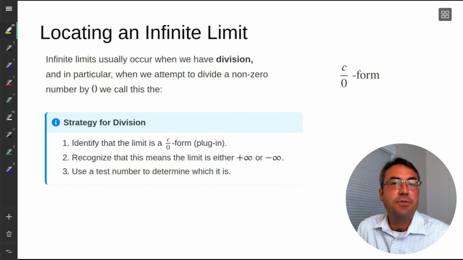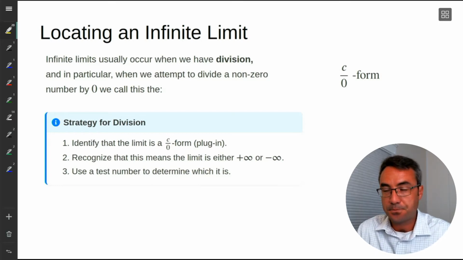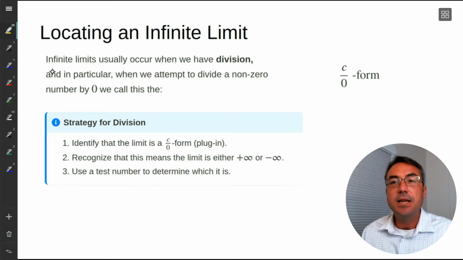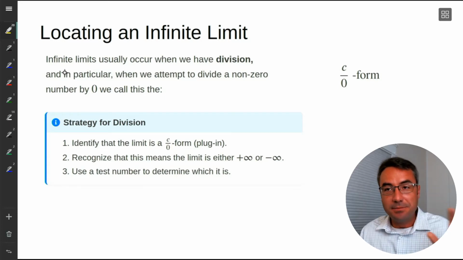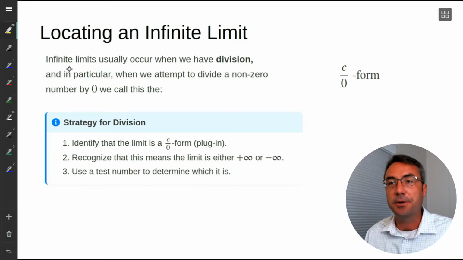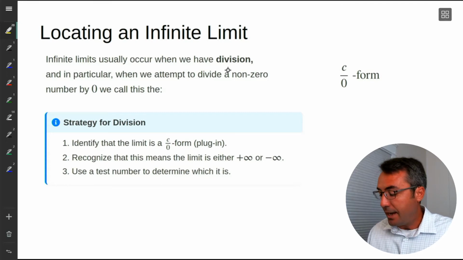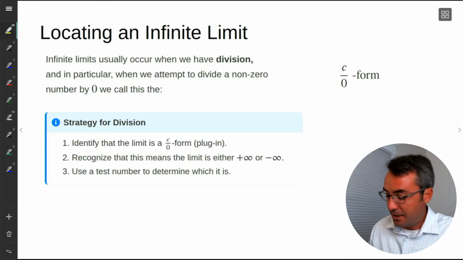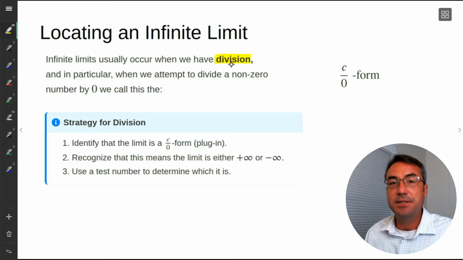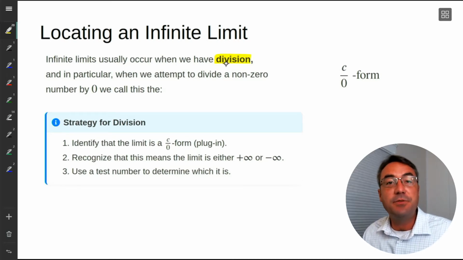All right, how do we actually find these? So how do we actually locate an infinite limit? Well, it's nice because for the most part, there is a special case or two here, but infinite limits usually occur when we have division. So that's the key word here: as soon as we start dividing by variables, we want to make sure we're not dividing by 0.